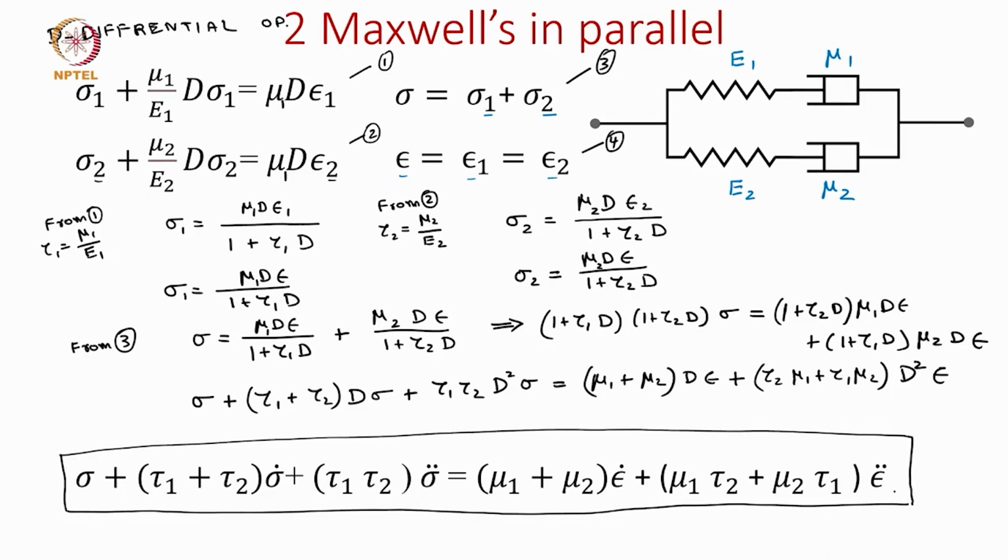So, in this final form what we have done is we have replaced these d sigma with sigma dot, d square sigma with sigma double dot, d epsilon with epsilon dot, and d square epsilon with epsilon double dot, and this is in the standard form.